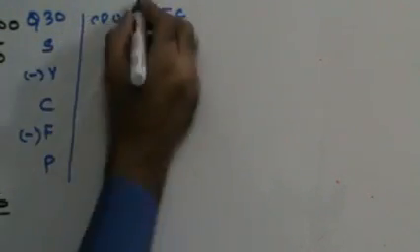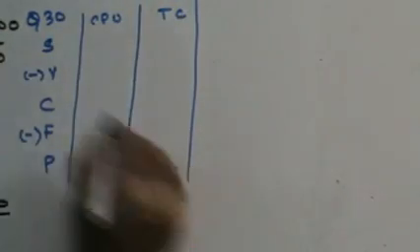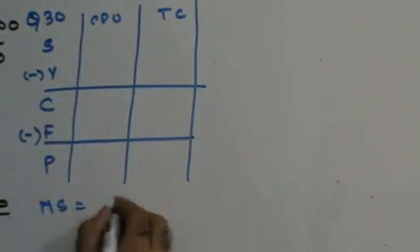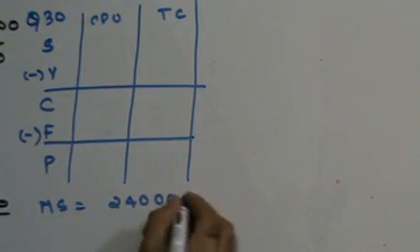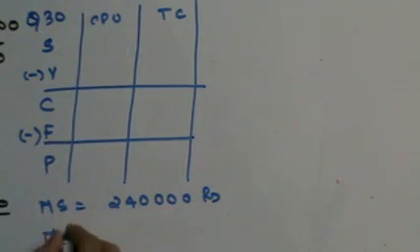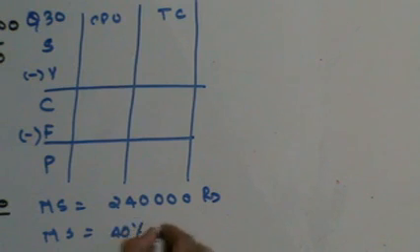CPU PC. Now, they said that the margin of safety is 2,40,000. They've given you margin of safety is 2,40,000 rupees. They've also given you that margin of safety is 40% of sales.